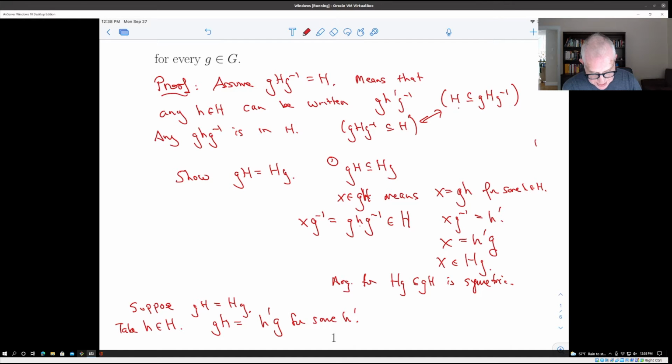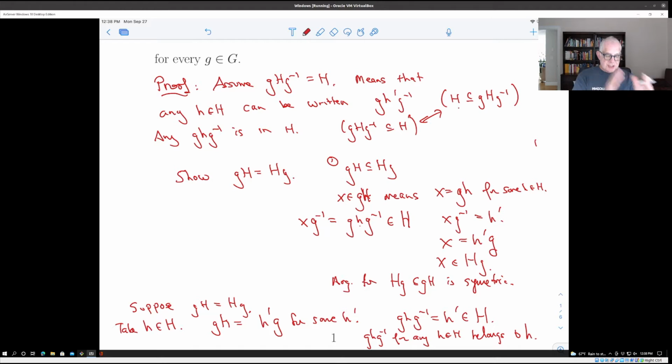And that means that ghg inverse is equal to h', which is in H. So what I've shown here is that ghg inverse for any h in H belongs to H. And again, that tells you that gHg inverse is contained in H.